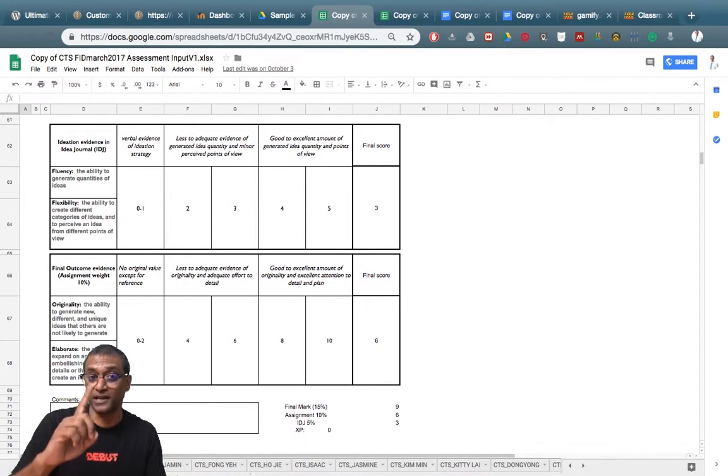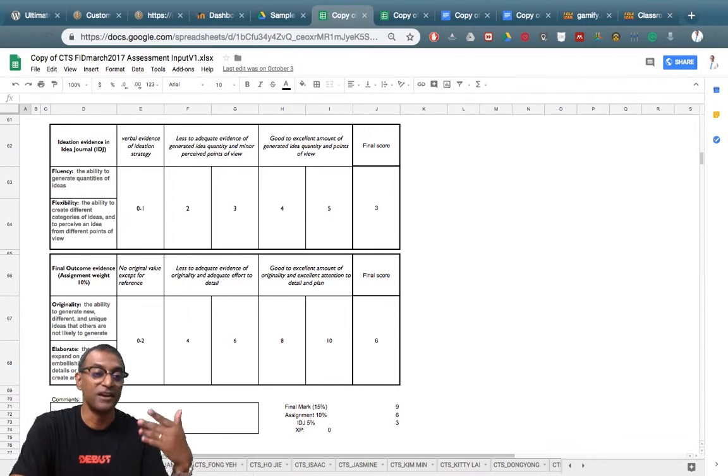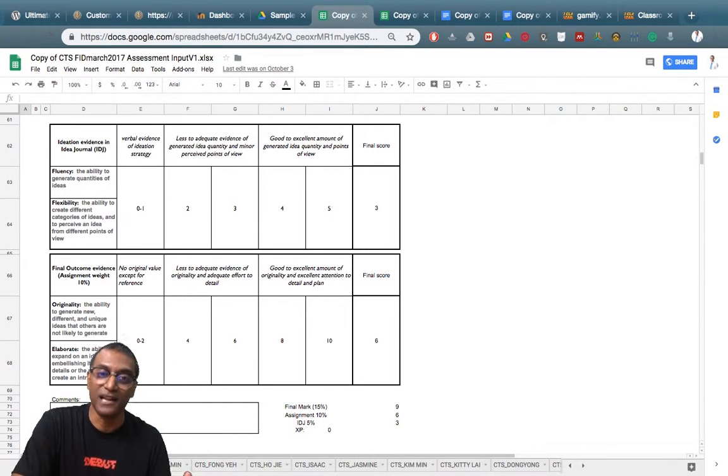But that's per one assignment. What if you can get 5 points for every assignment for fluency and flexibility? Isn't that incredible? Your IDJ is dedicated to the sections of the Torrance test of creative thinking, which comprise fluency, flexibility, originality, and elaboration.